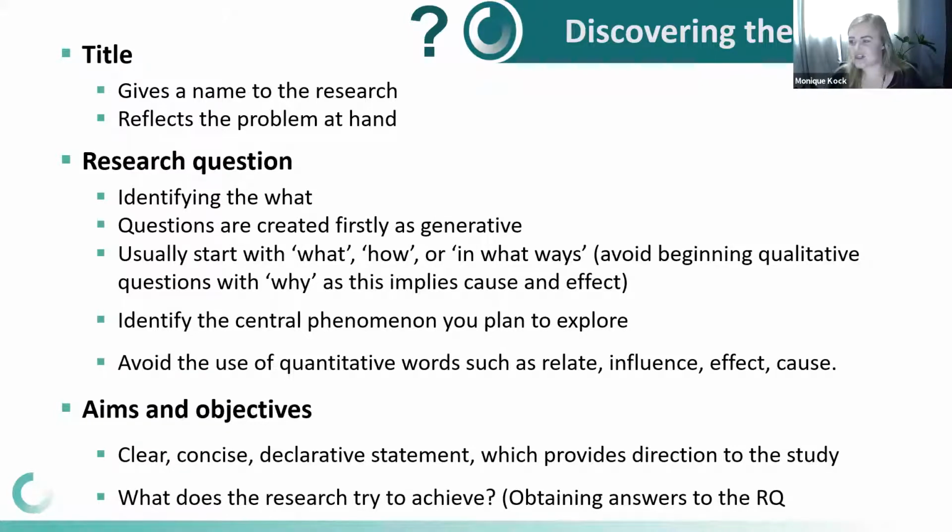So the first thing that you need to consider is, for instance, the title. When you consider your title, you might start off with a simple title. It is very important to know that your title might even change. Or for instance, if you do not have a title yet, or you're not really able to identify what your completed title should look like, I would then suggest looking at the research question, aims, and objectives.